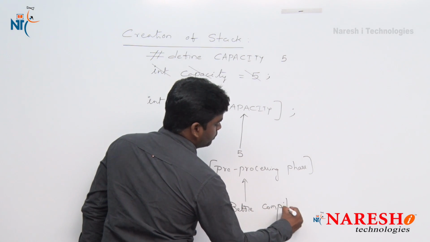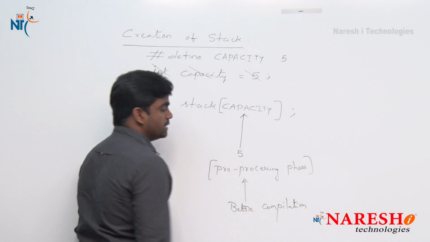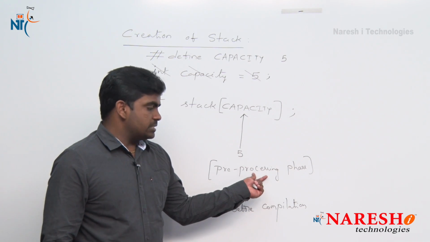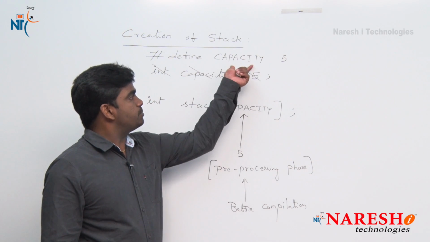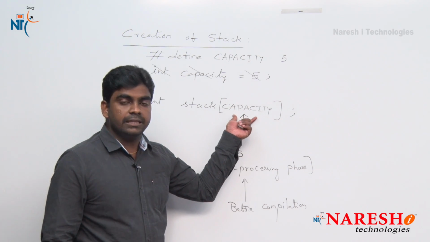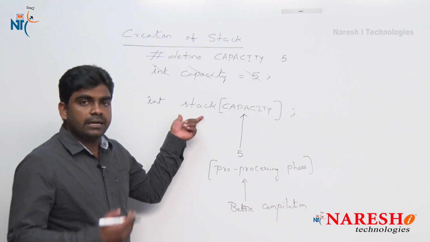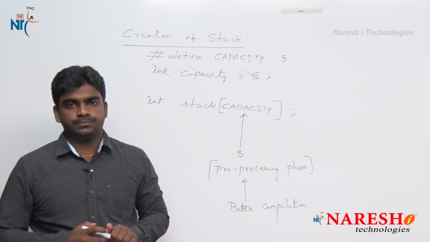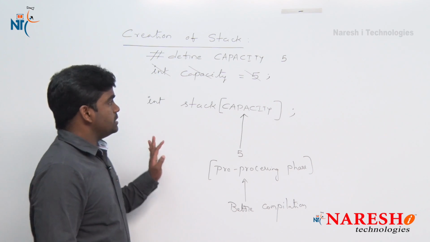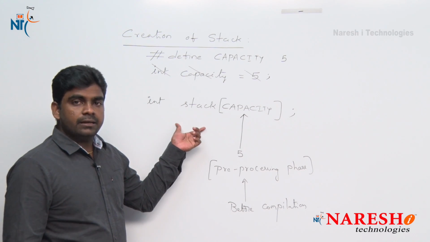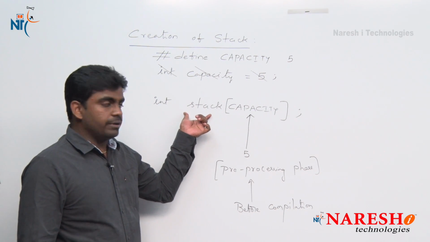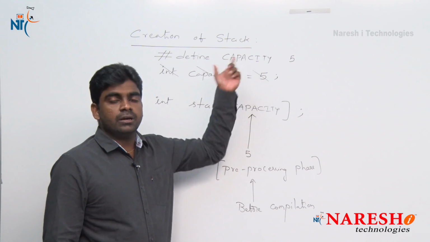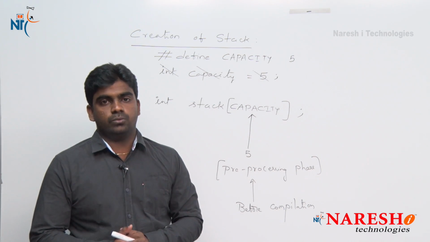Before compilation of the C application, the pre-processing phase will be present, and in it the value of this macro will be substituted here. Then at the time of execution, memory will be allocated to this stack. So this is how to declare a stack variable with the help of a constant size. Constant is nothing but a preprocessor macro.